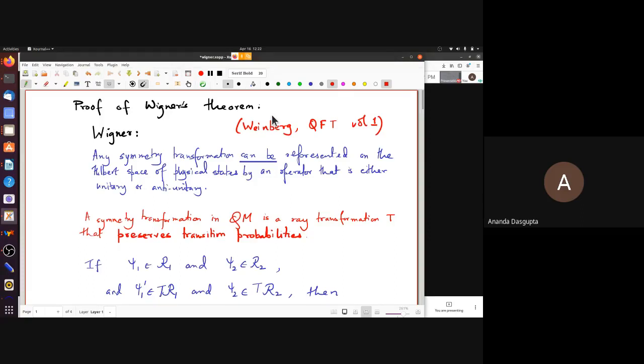For every vector in Hilbert space, of course, there is a state. Is the converse also true? For every vector, there is a unique state, right? A given vector cannot describe two states. What about the converse?